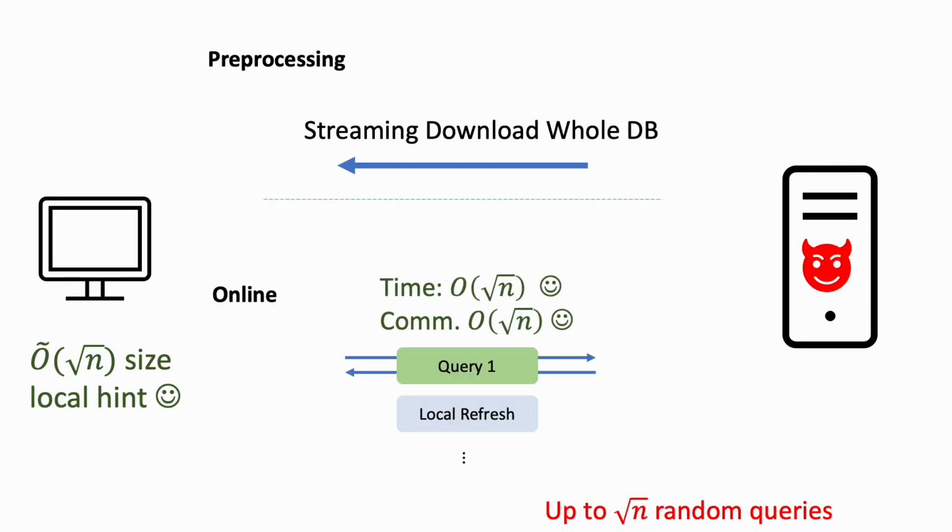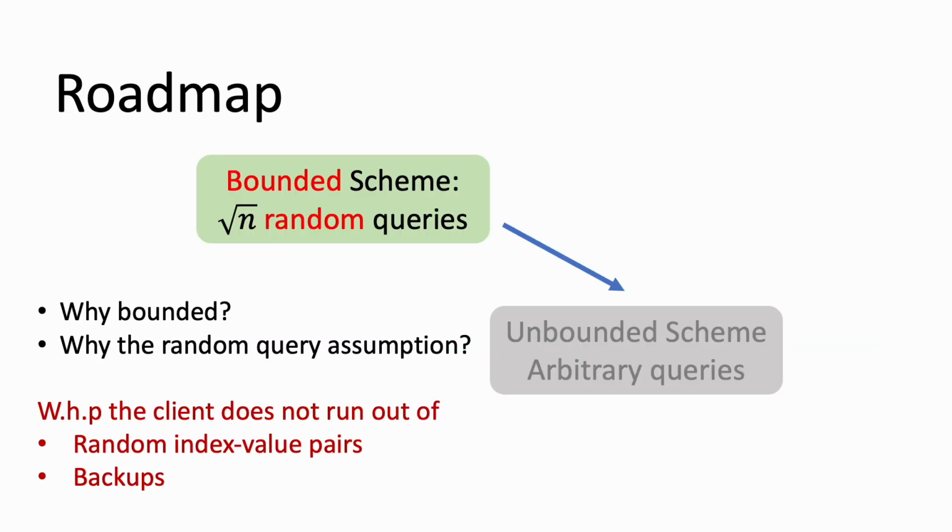Oh, I forgot to mention that this algorithm is actually already very good. It has square root n online time, and it has square root n communication per query. The reason why we can only support bounded queries and only random queries is that we want to ensure that with high probability, the client does not run out of the random index value pairs in each chunk.